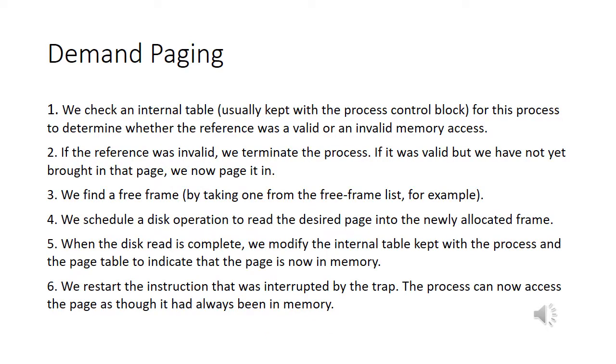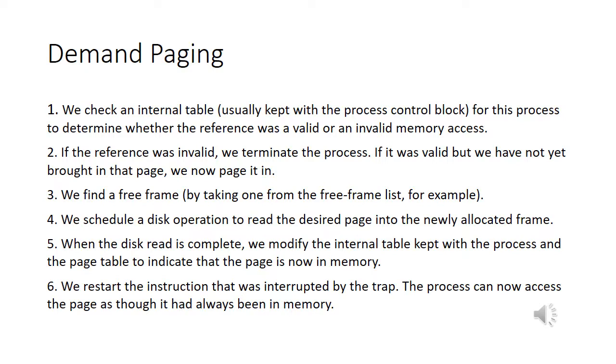Once again, let's see the steps for handling a page fault. First step: we check an internal table for this process to determine whether the reference was a valid or invalid memory access. That is the page table. If the reference was invalid, we terminate the process.